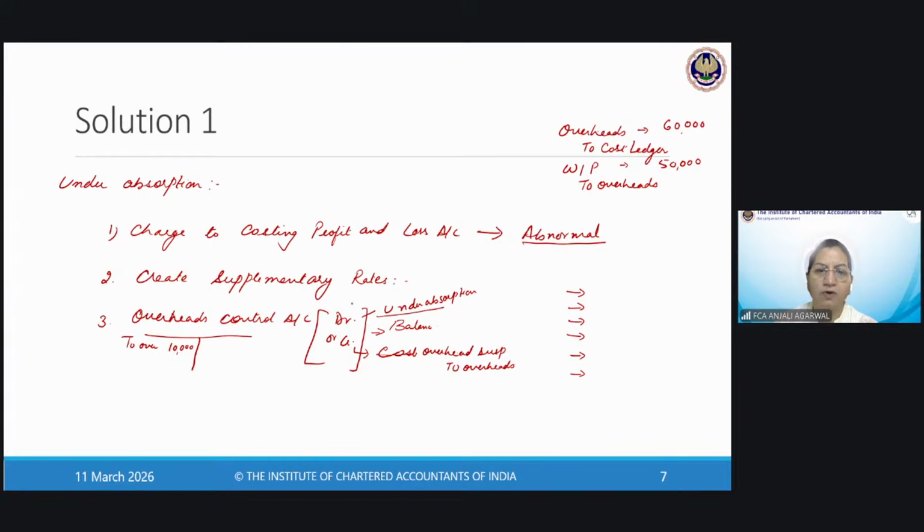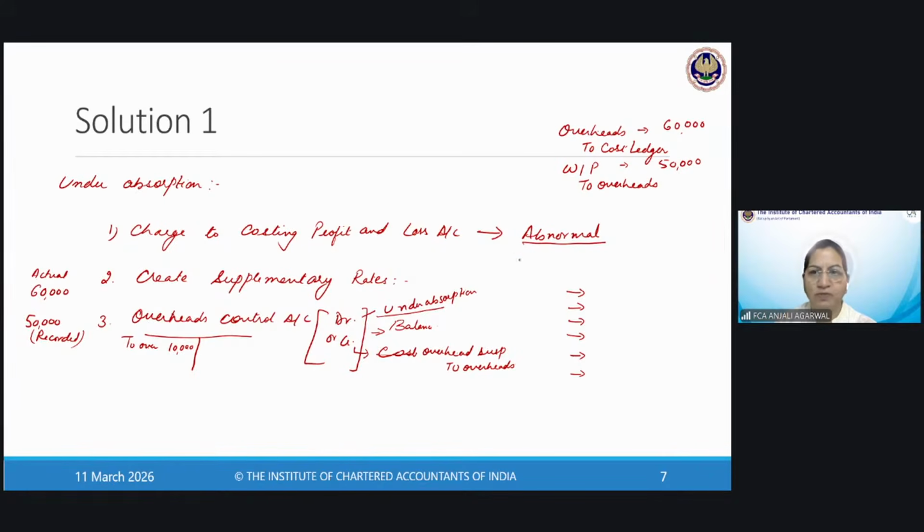And naturally so. Why? Because your expense was 60,000, but you have recorded only 50,000 by absorbing. So there is another 10,000 expense which is to be recorded. So expense will be debited.